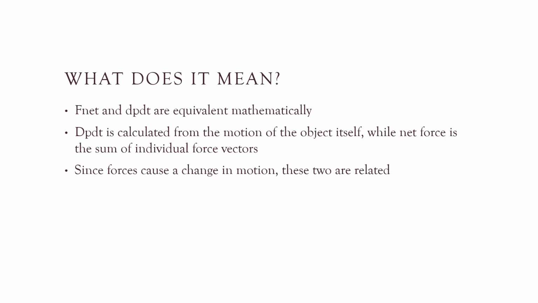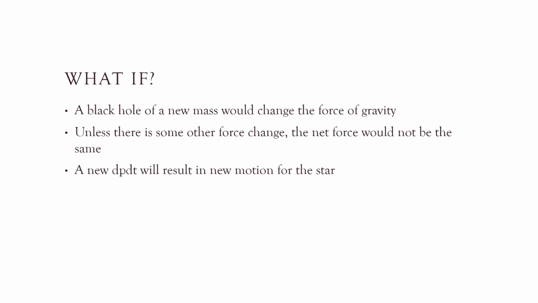The reason these are equivalent is because the forces cause a change in motion, and dPdt is that change in motion being carried out. So that's why they are equivalent.